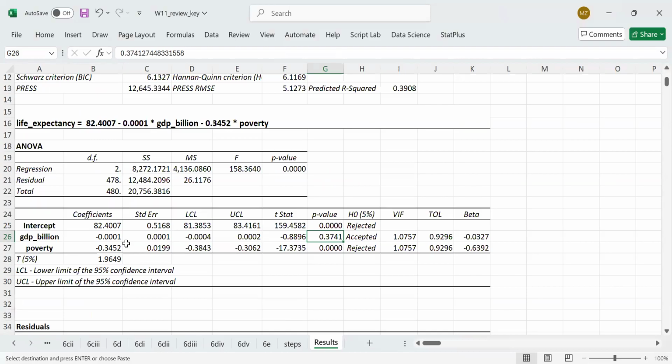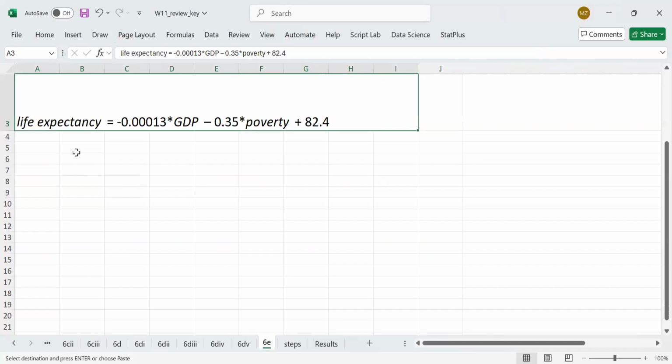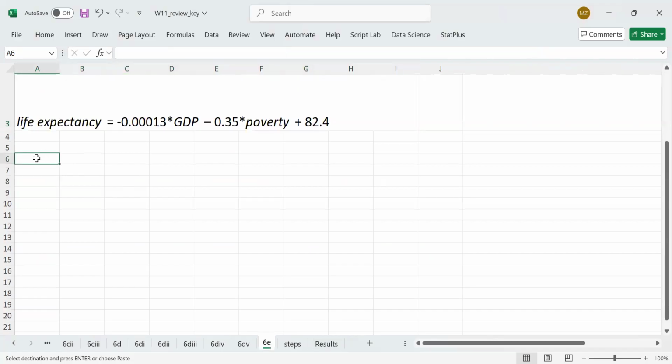And finally, using the regression results and the corresponding equation, what is the predicted life expectancy for a country with GDP 750 billion and poverty 70%? You can just use this equation to get the answer. Take the coefficients from your results here.